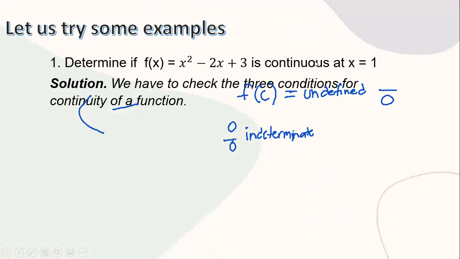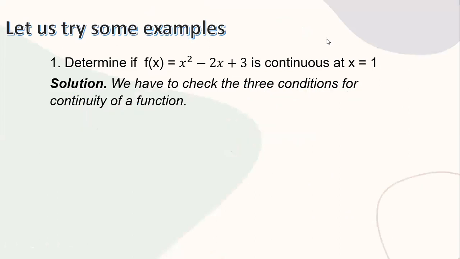So let's try some examples. For the first one, determine if f of x is equal to x squared minus 2x plus 3 is continuous at x is equal to 1. We will be using the three conditions for continuity of a function to check if the given function is continuous at x is equal to 1.